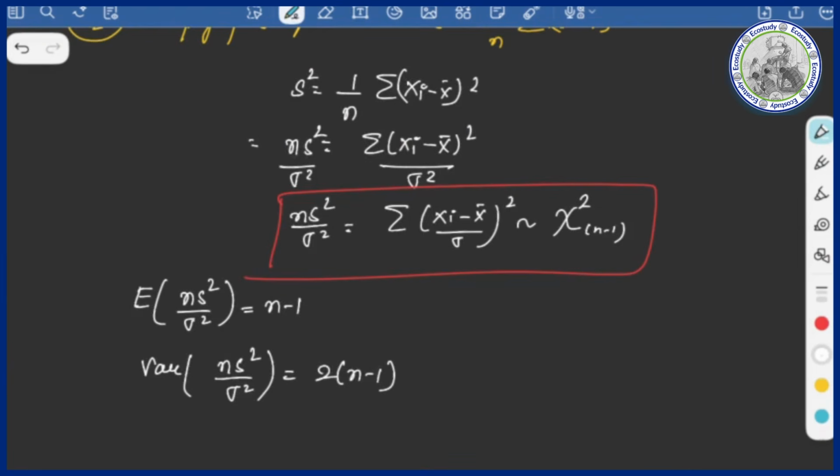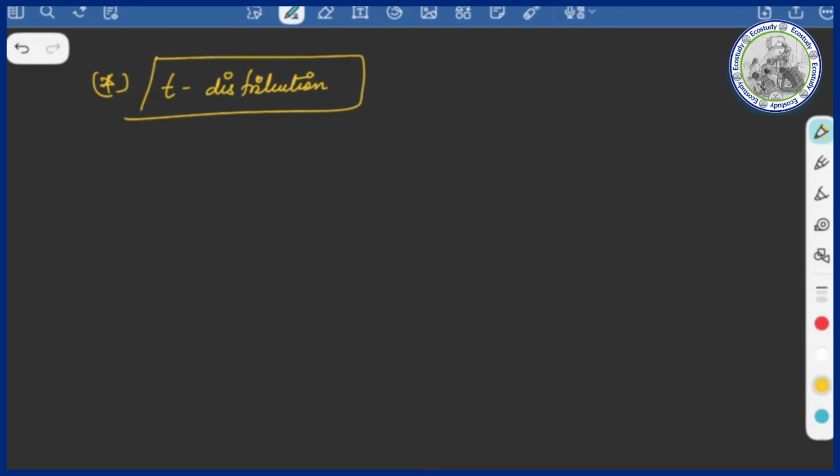Let me just open my t distribution. So what is the t distribution? First of all, we'll write the student t distribution.